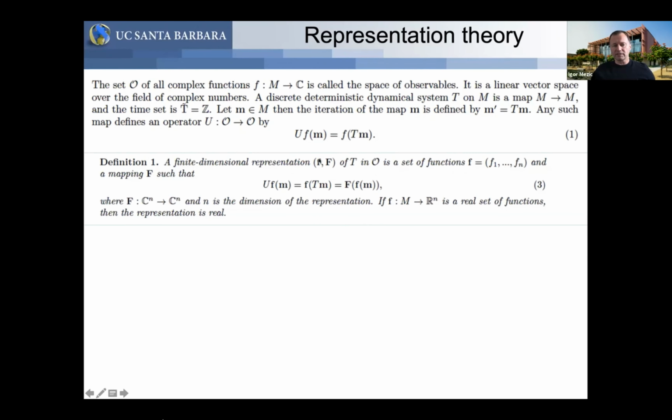I'm going to call a vector set of functions F, and then a map, capital F, a finite dimensional representation, provided that the action of the Koopman operator on this set of functions is the second set of functions, capital F, composed with little f.